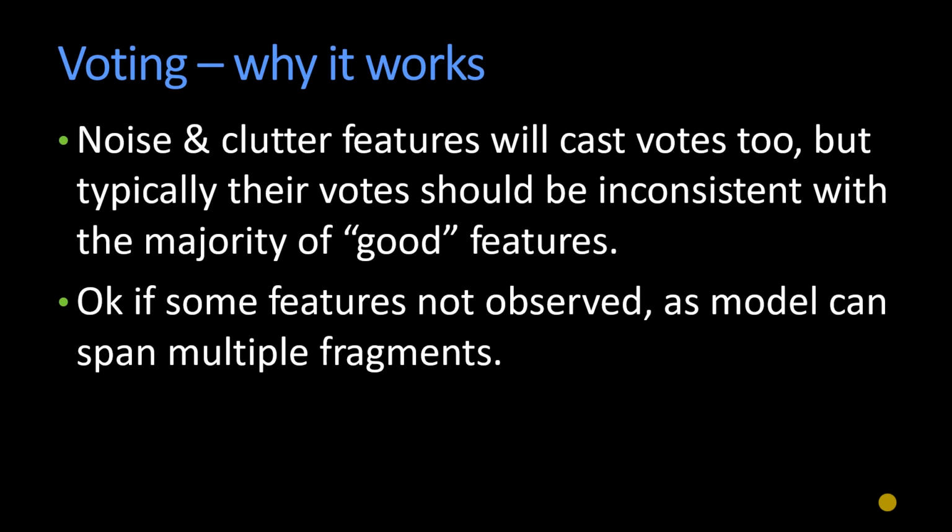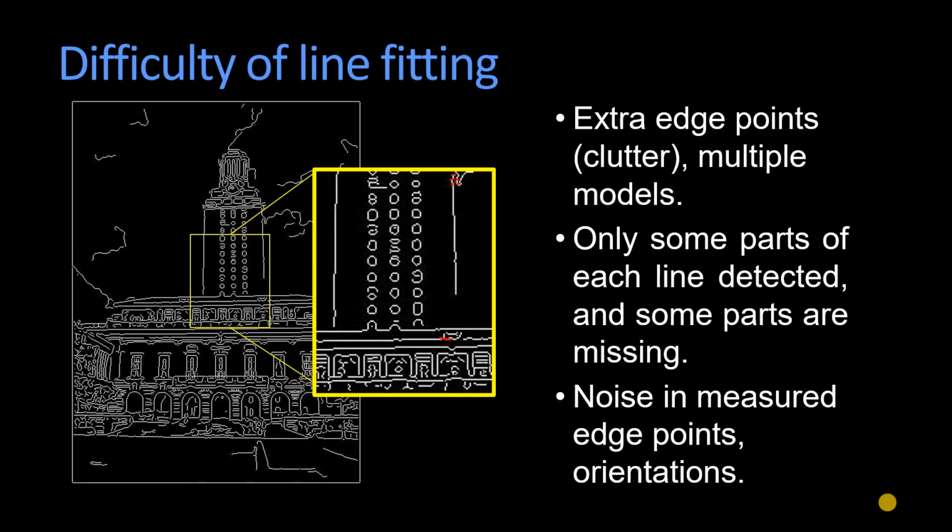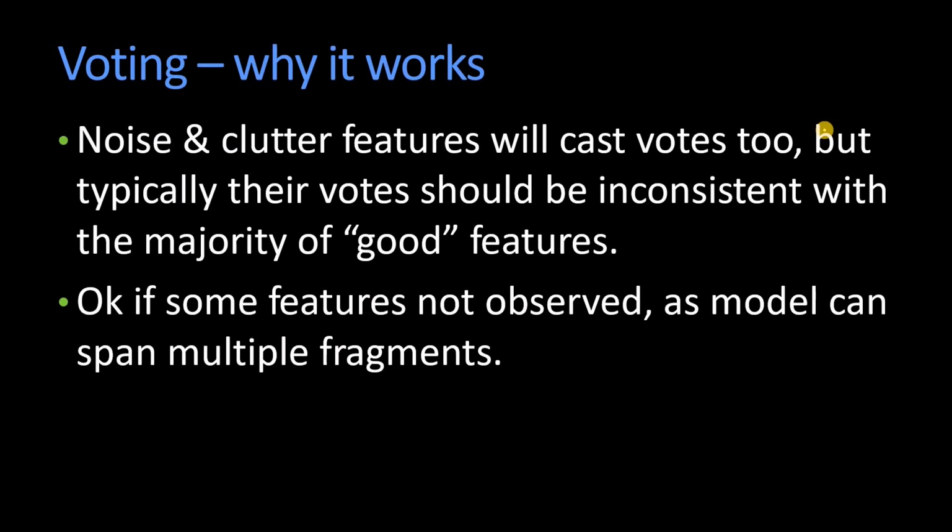So all the three problems we discussed previously are still in the edge image. There will be noise in the edges, there will be discontinuities, so only some part of the line is detected, some other is missing, and there will be cluttering or some extra edge points. All these problems are still there. They will also cast their votes, but typically their votes should be inconsistent.